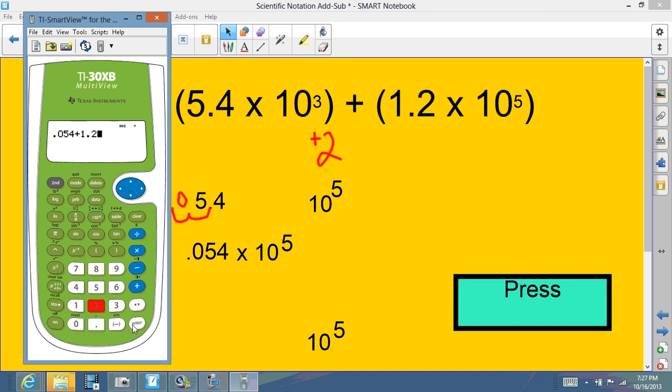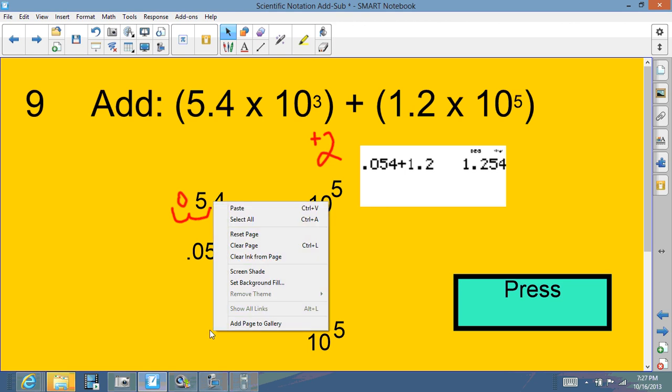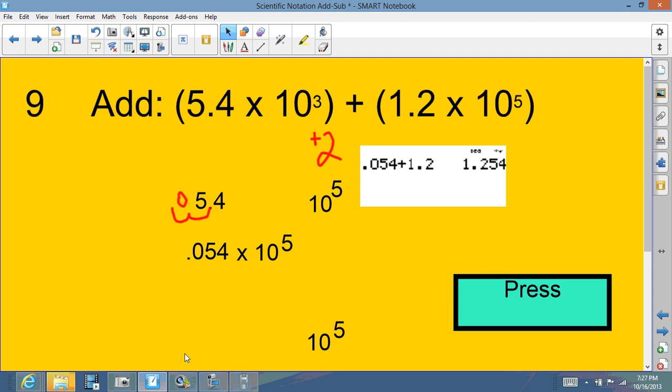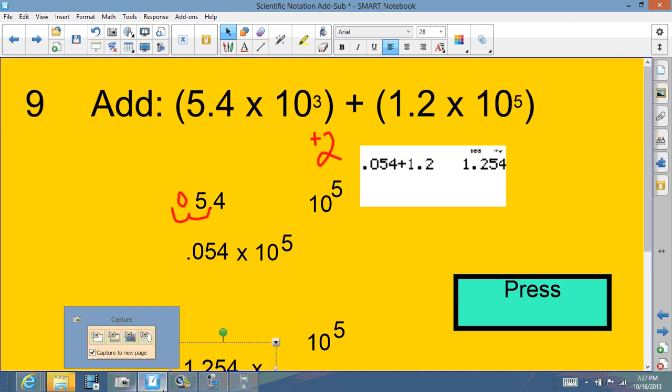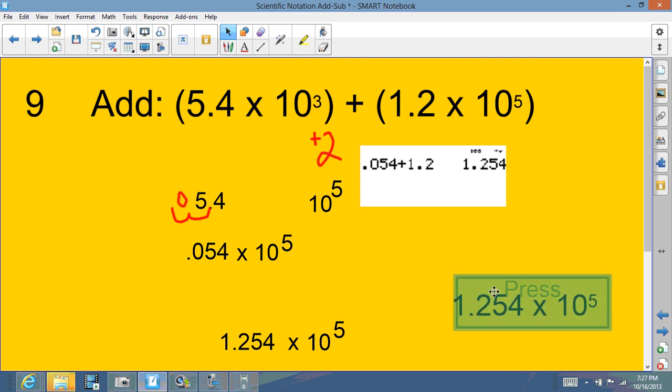So I now made them the same, so I can now add these up, and I get 1.254 times 10 to the 5th power. So that's going to be my answer when I get my exponents to be the same.